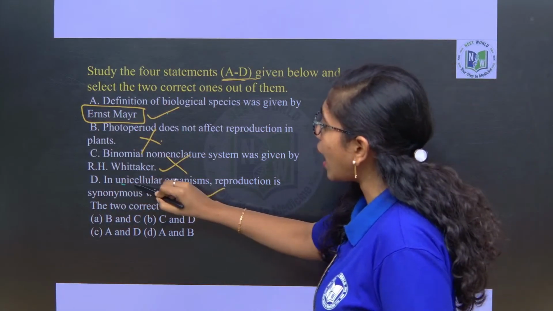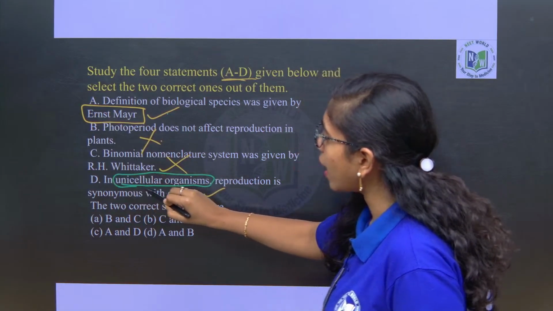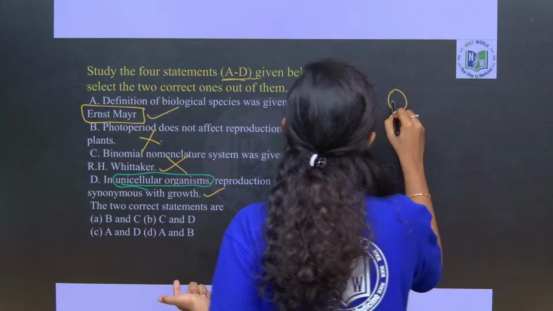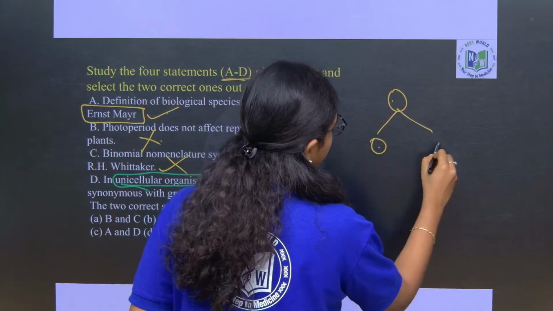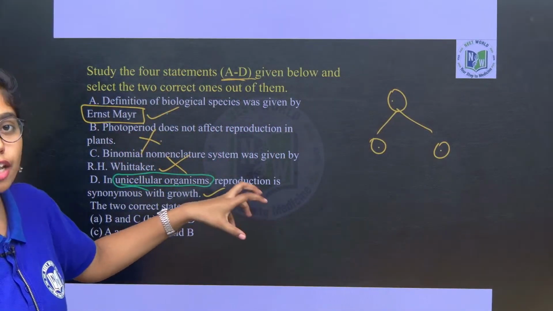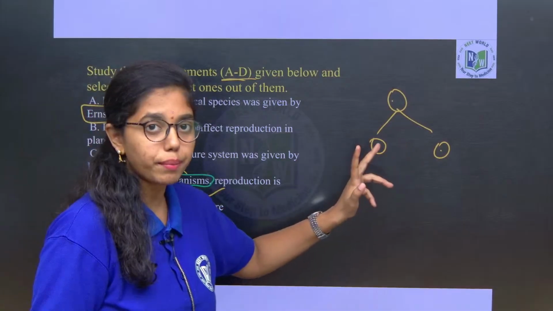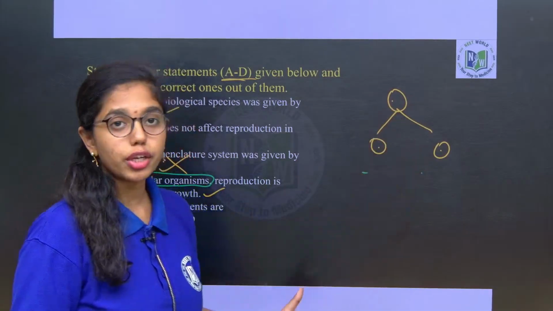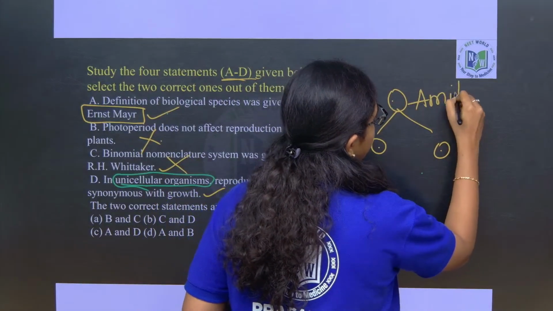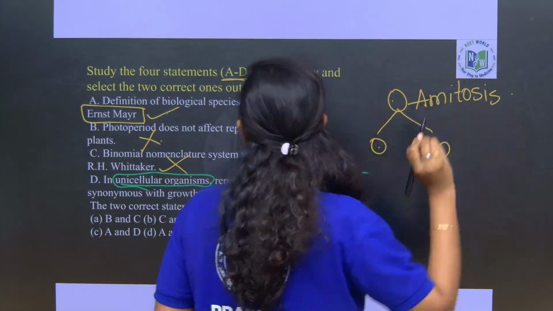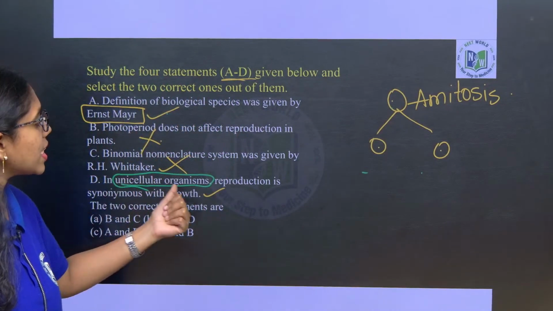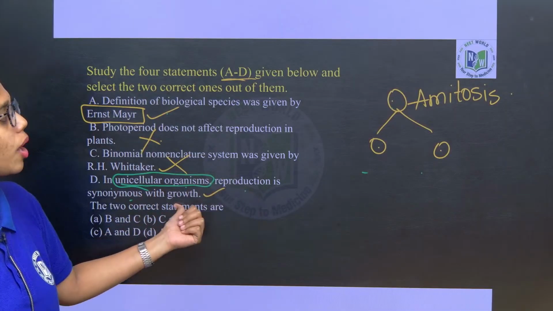Why? In unicellular organisms, just one cell divides into 2 without any synaptonemal complex or spindle fiber formation, one cell divides into 2, that we will call amitosis, or simply binary fission. So, in unicellular organisms reproduction is synonymous with growth.